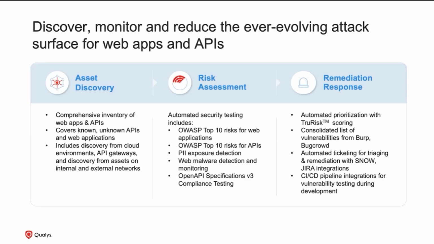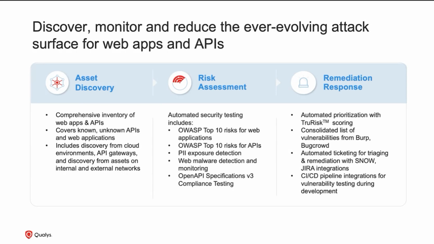So to summarize, Total AppSec offers the ability to discover, monitor, and reduce your application security risk. Under asset discovery, you can inventory your known and unknown APIs, and inventory your known and unknown web applications.